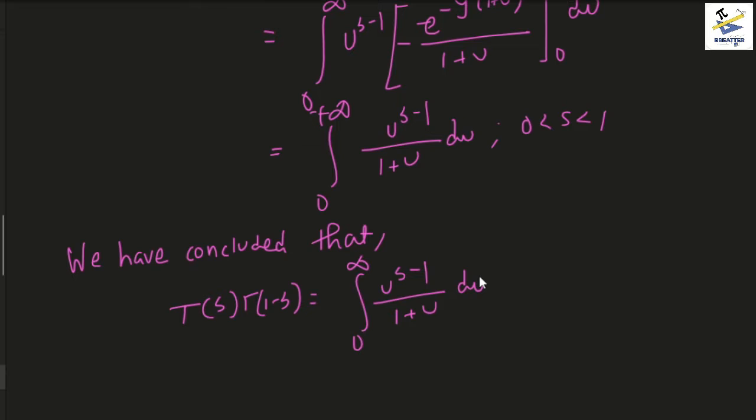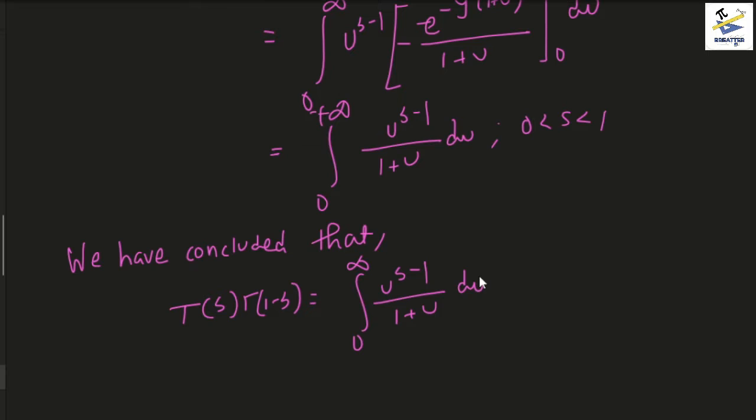But then this integral again here is something we need to evaluate using complex analysis, and this would be a little bit of a tougher job to follow than the previous ones.